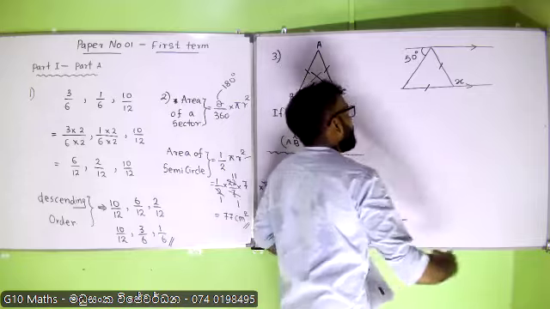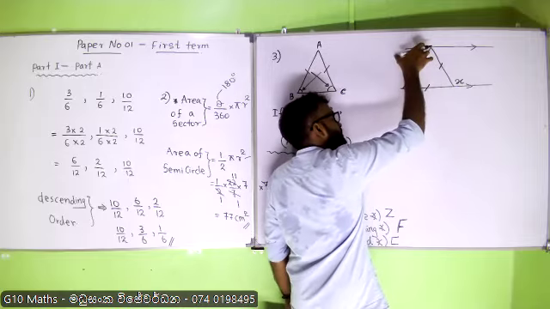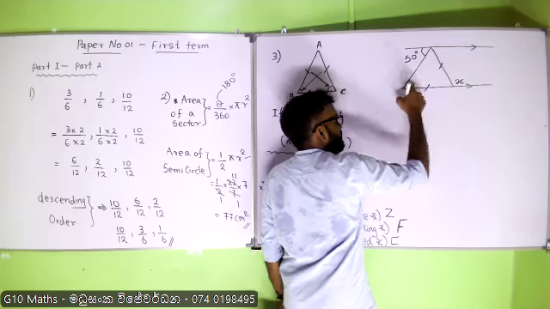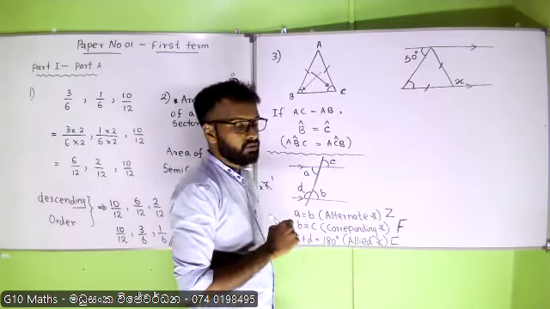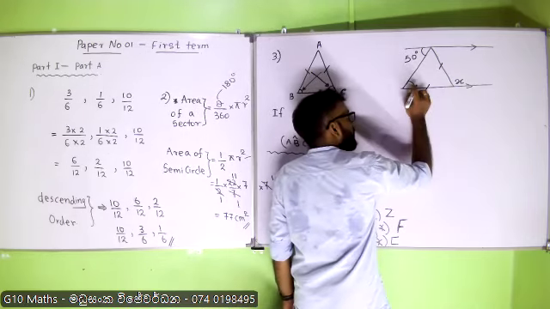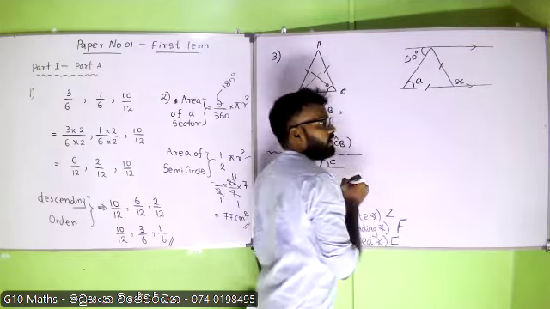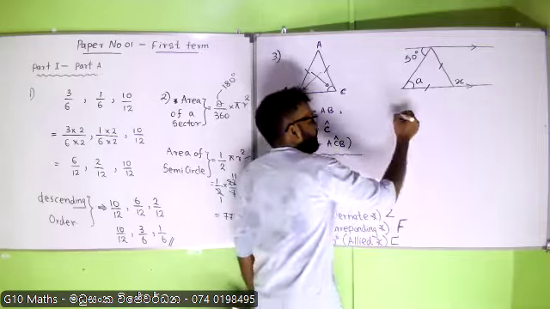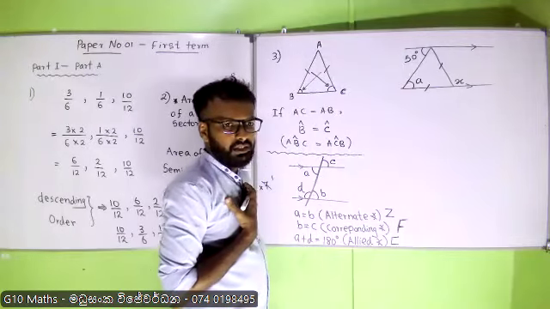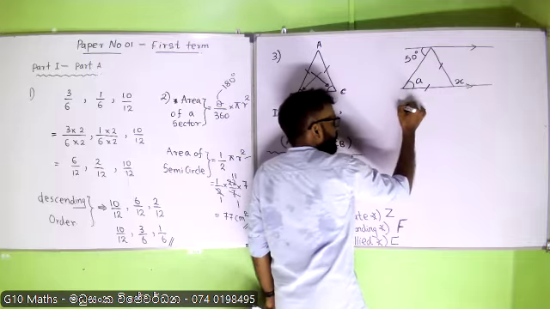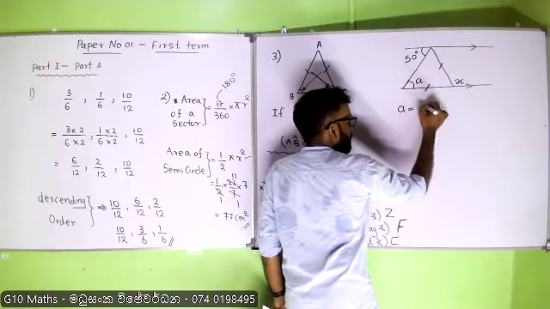By looking at this one, you can say this is a Z type angle, so you can directly say this is 50. I will take this angle as A for my easiness. So A equals 50.